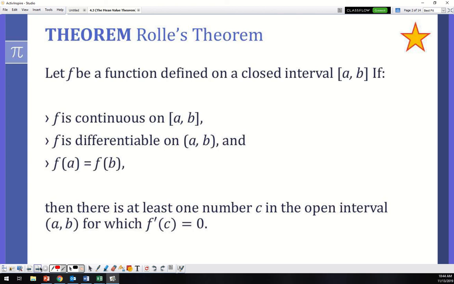Now, what does that mean? It says f of a, not f prime. Excellent. The y values are the same. The y values of the endpoints are the same.